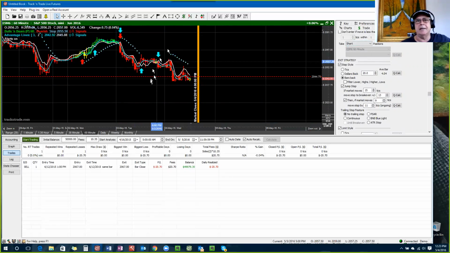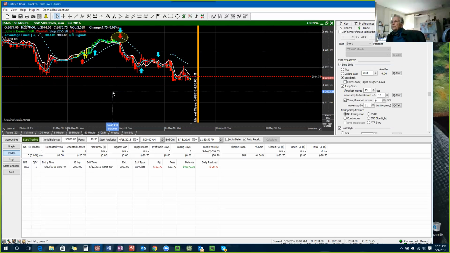You cannot get another bulls and bears sell signal here until you've got a buy signal. Like here, you had a bulls and bears buy signal followed by a bulls and bears sell signal. The next bulls and bears that you get has to be a buy signal.